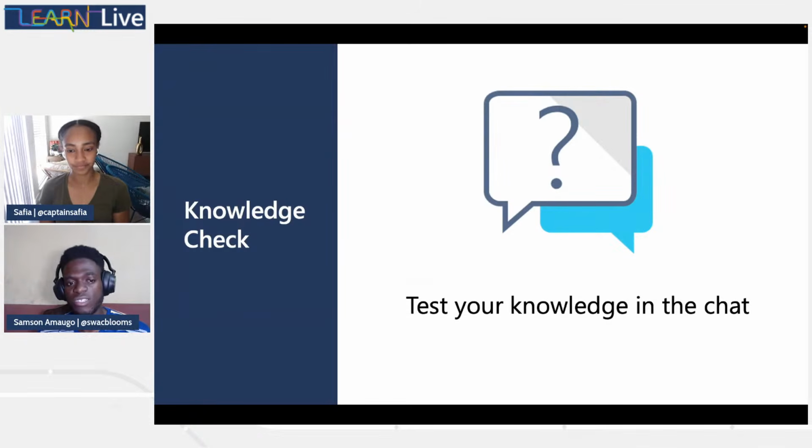Before we get into the knowledge check, I have a question to ask. Yeah. And the question I have is, in which kind of situation would it be better to use explicit typing compared to implicit typing, like using var? I think there's two ways that I solve this.